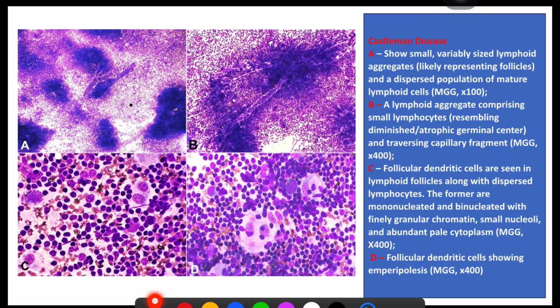So, here we can see cytologically some small lymphoid aggregates in the 4x view.